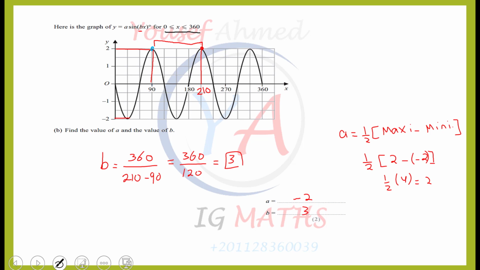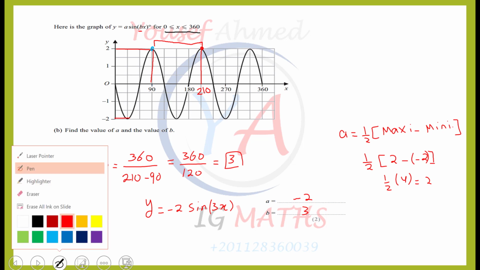So we have here a horizontal stretch by 3. Let's make sure our answer is correct. The function now is y equals negative 2 sine 3x. Take any point on the curve. I'm going to take 90 and 2, which is given here, and replace it in the equation.